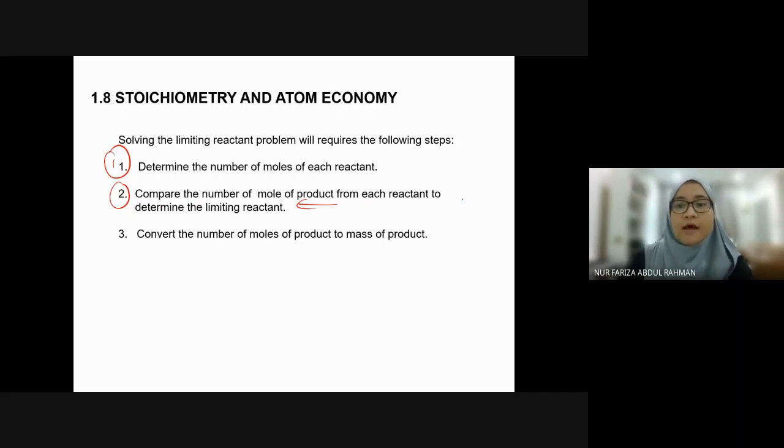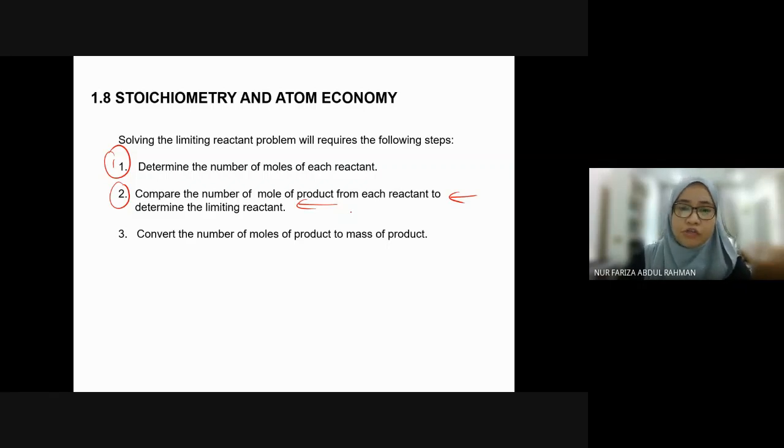I would like to highlight this item number 2, because many of the students at first tend to compare not stoichiometrically.